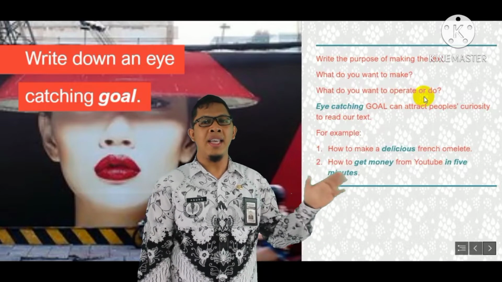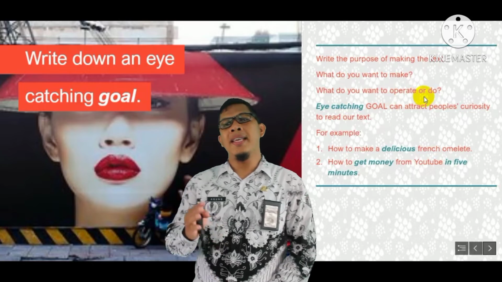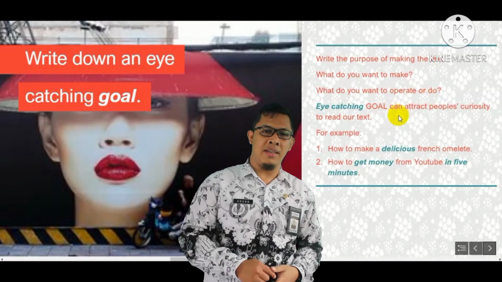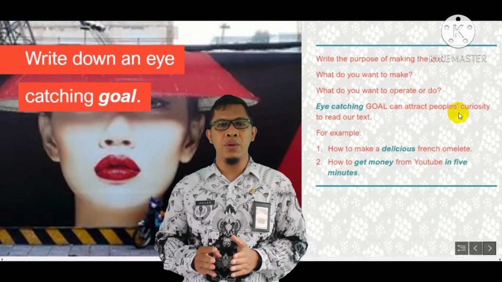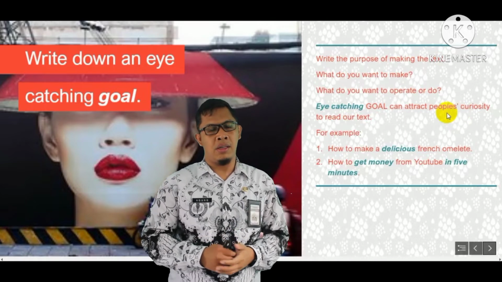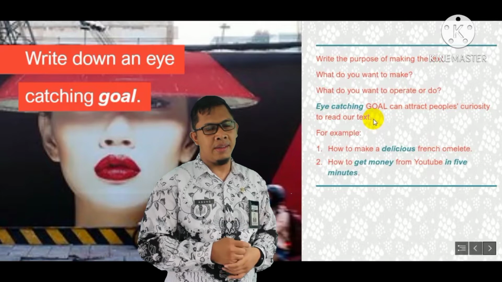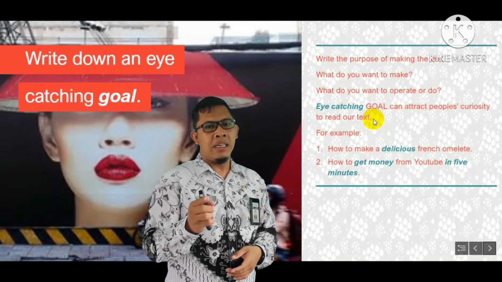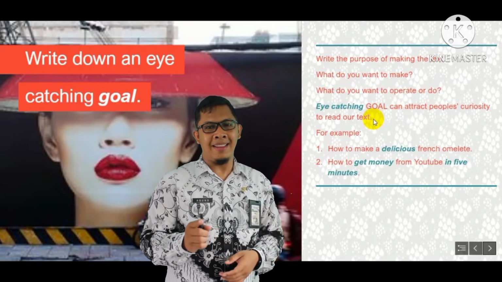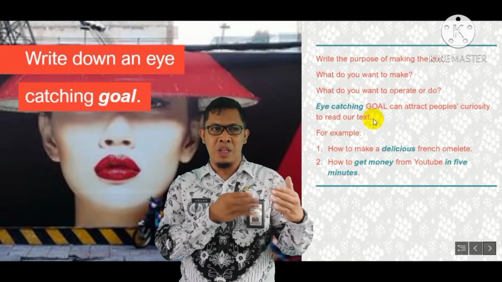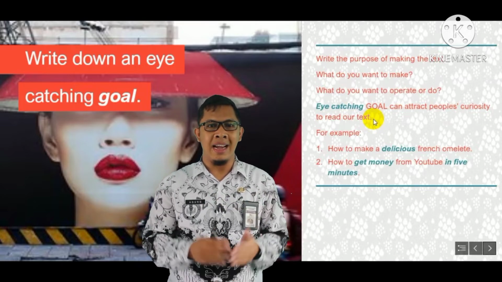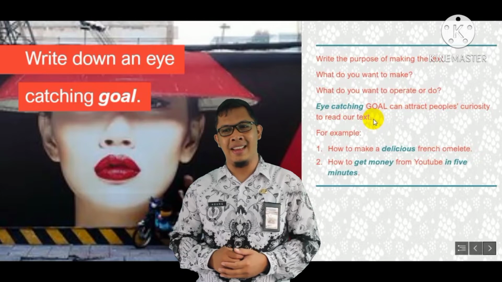Why eye-catching goal? An eye-catching goal can attract people's curiosity, so that they are curious to read your text. Jadi judul yang menarik perhatian akan membuat orang penasaran sehingga akan membaca teks kalian.